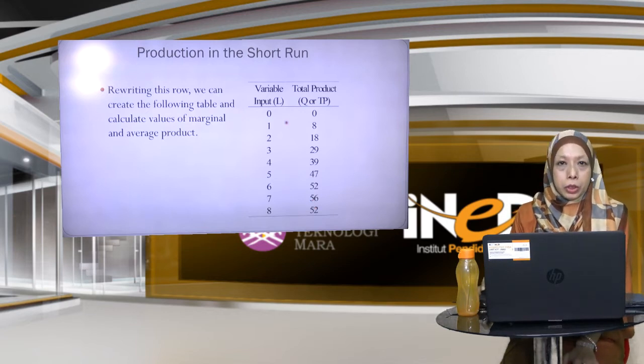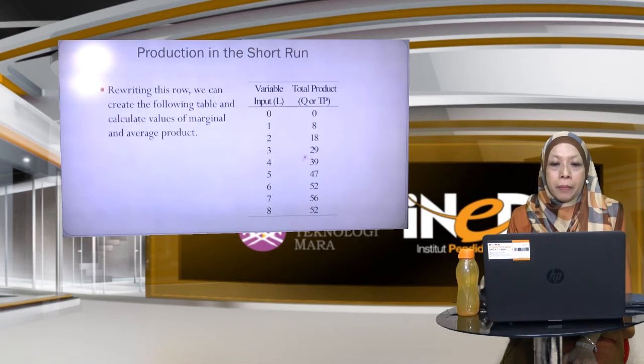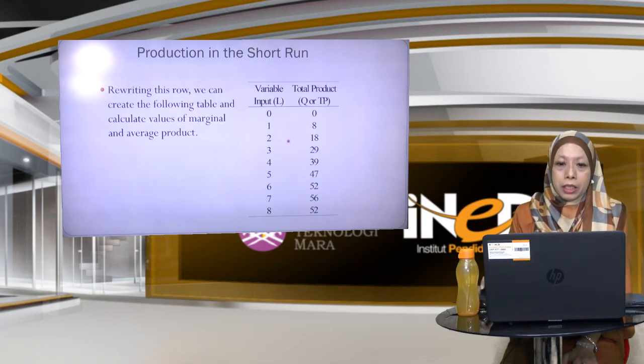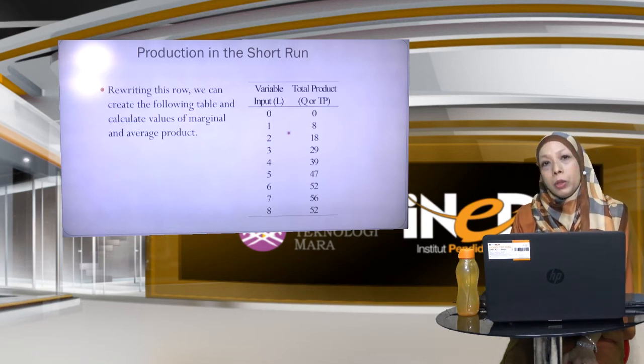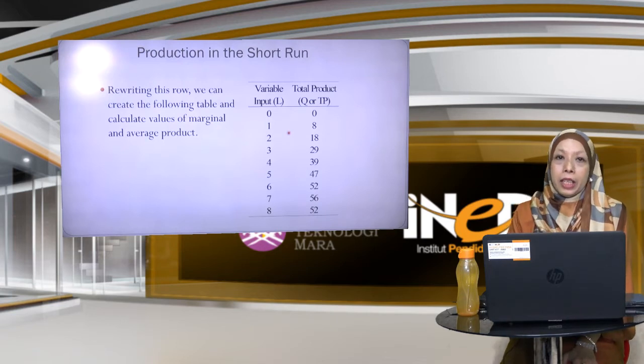Now, we would like to know the contribution of each labor that we have hired. Looking at the current table, it only tells you the total output available in the company based on the labor that you hire. But what we would like to know now is the contribution of the labor that we hire.